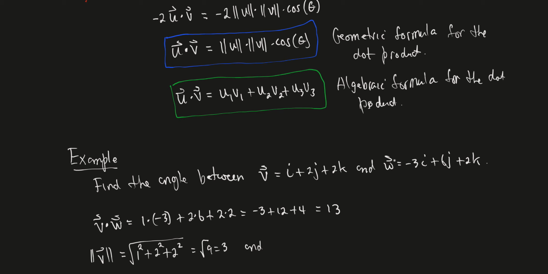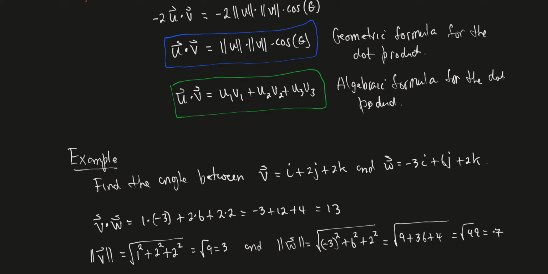And let's compute the magnitude of w, same calculation. Square each component and add, and then take the square root. So this is the square root of negative 3 squared plus 6 squared plus 2 squared, so the square root of 9 plus 36, which is 45, plus another 4. So that's 49. Hey, another perfect square. So that is 7.